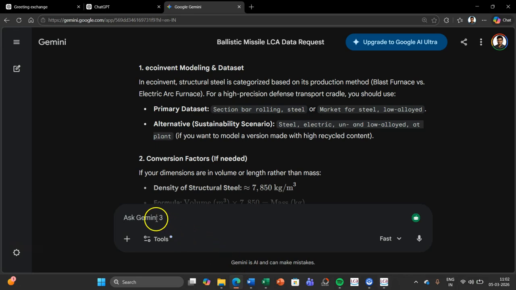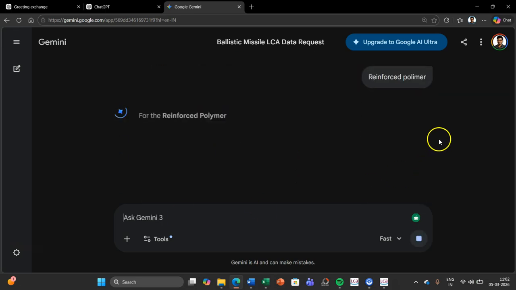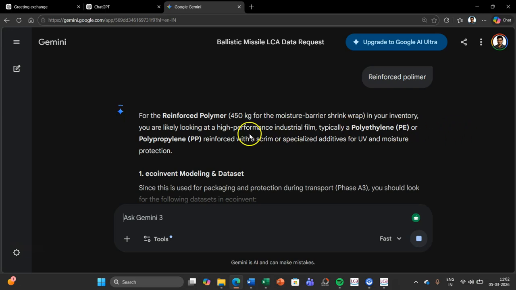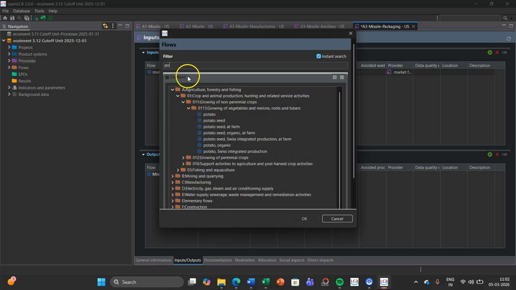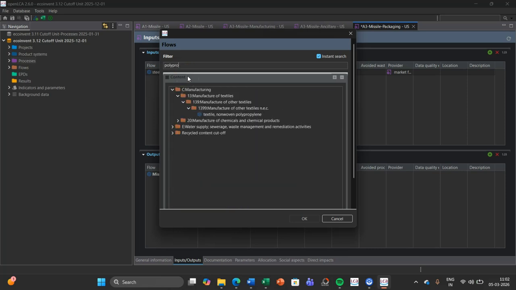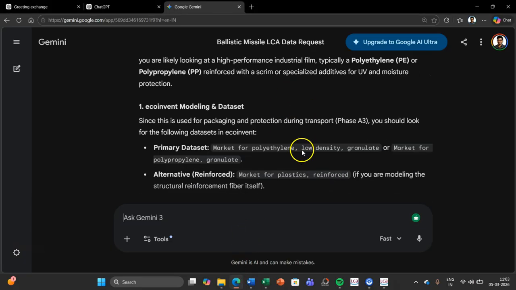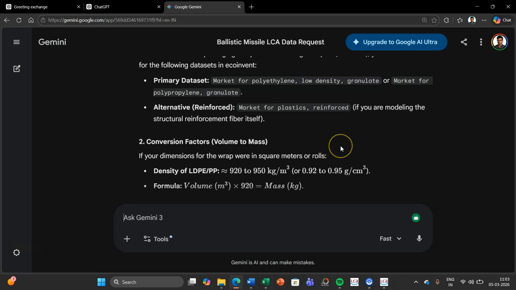Reinforced polymer. So what's that reinforced polymer? Polypropylene or polyethylene. Okay, let's go for polypropylene granulate.